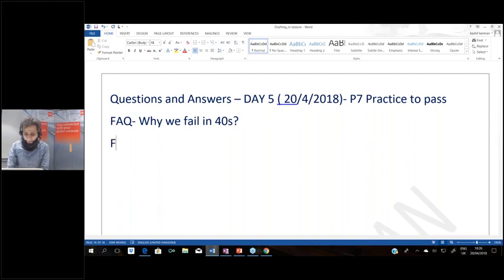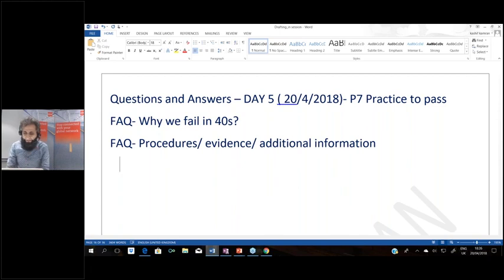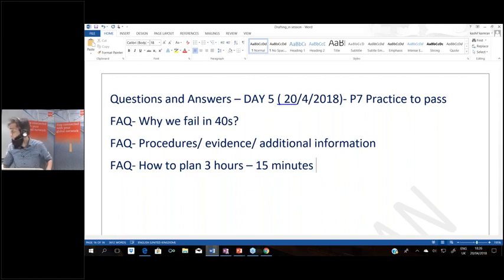Second, there was another frequently asked question, something between procedures and evidence and additional information. A lot of students had issues with that. And then there was another frequently asked question: how to plan your 3 hours and 15 minutes in the exam hall. Is there a better technique to make use of the 3 hours and 15 minutes?